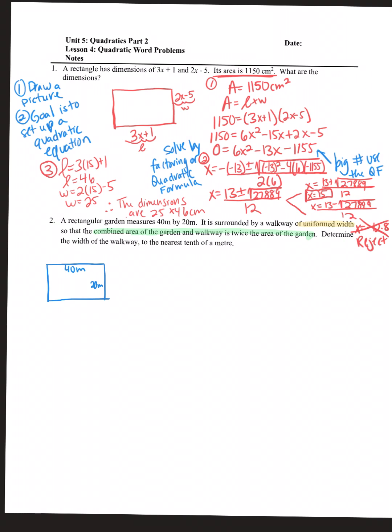It says it is surrounded by a uniform walkway. So that uniform walkway, when we hear uniform, we should be thinking, okay, it's the same width of a walkway all the way around. I'm going to try to draw this walkway so that it looks like it's the same width all the way around.